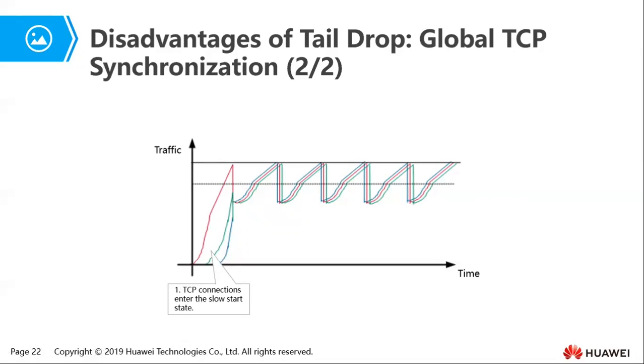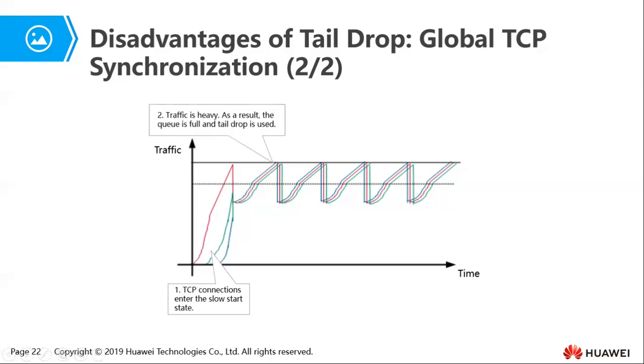Slow start state means that the queues are almost full and congestion is almost at the maximum. The queue is almost getting filled up. So as you can see, packets are coming in, TCP packets, and the queue is almost full.